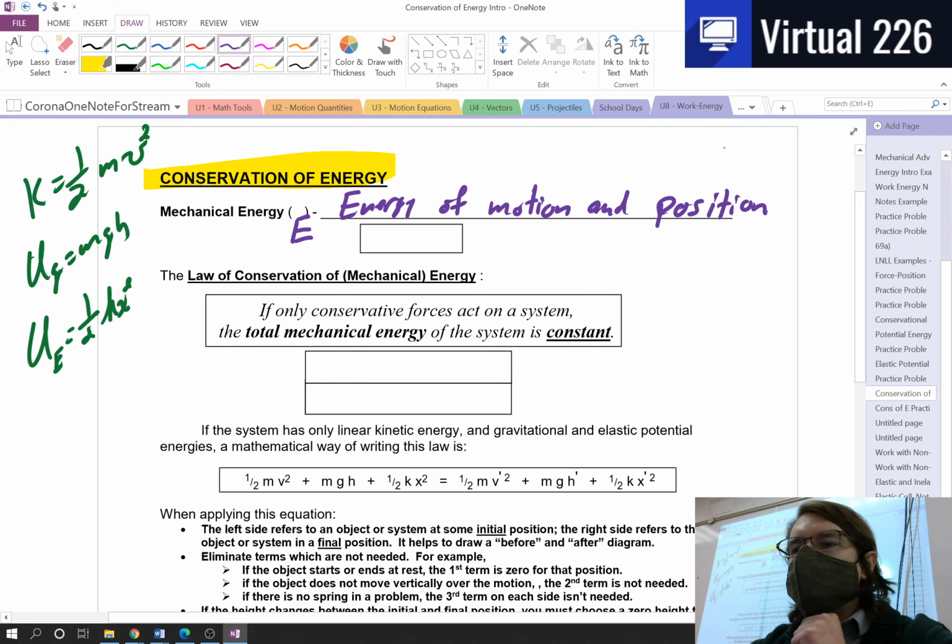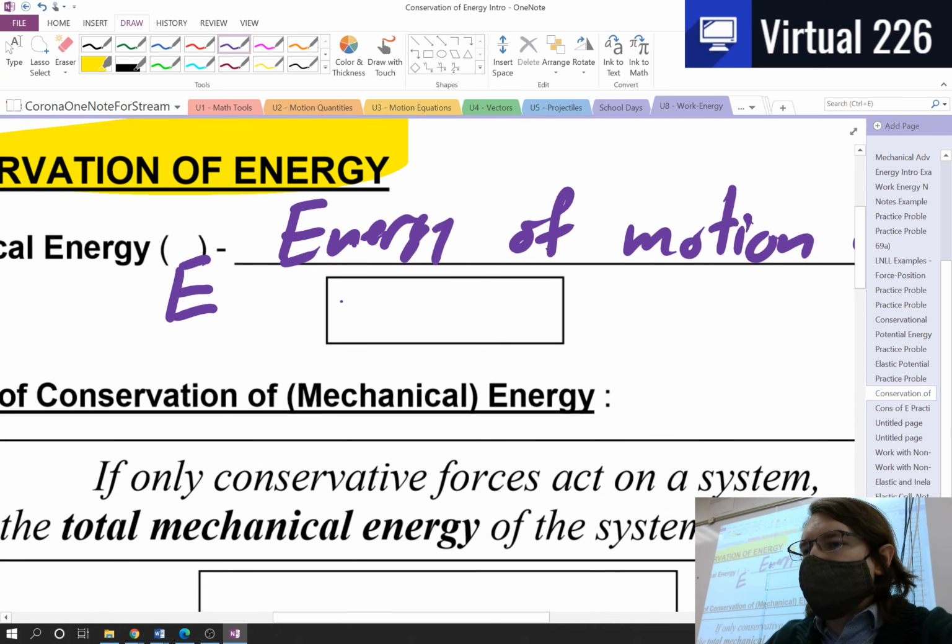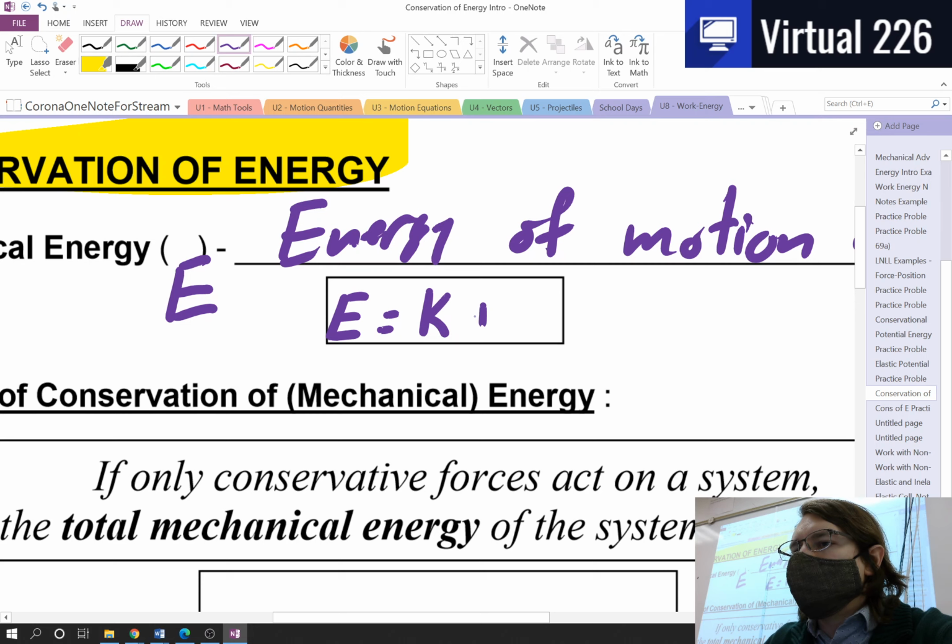And if we think about that definition, the energy of motion and position, well, the energy of motion was kinetic energy. The energy of position were potentials. So what this pretty much alludes to is that we can think of mechanical energy, this E, as being a combination or an addition of both a kinetic energy plus a potential energy.